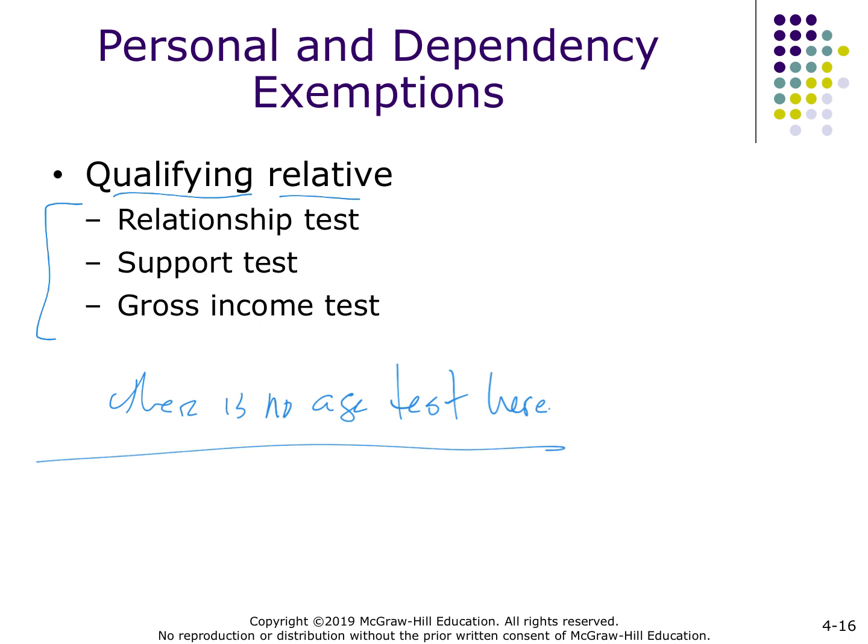A sibling of the taxpayer, including a stepbrother or stepsister, a son or daughter of the taxpayer's brother or sister, a sibling of the taxpayer's mother or father, an in-law, or an unrelated person who lives in the taxpayer's home for an entire year. Okay, interestingly, you can't be a cousin to pass the relationship test.